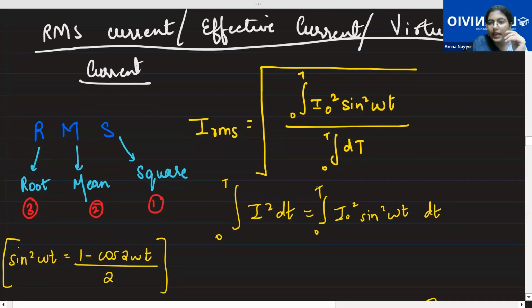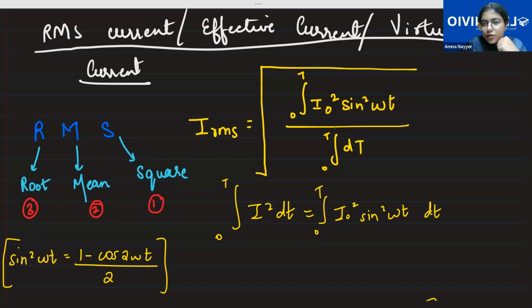So see, what we do, instead of solving this whole huge term continuously, if we just solve this part first, then we can later put it. The integral of dt from 0 to T is what? It's just capital T only. That will be capital T from 0 to T, which is T minus 0 equal to T. This denominator is T only.